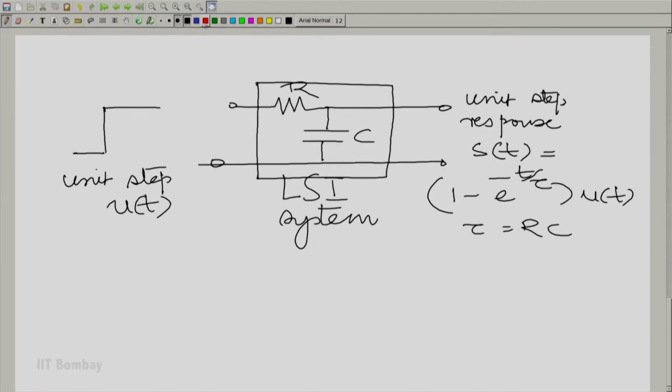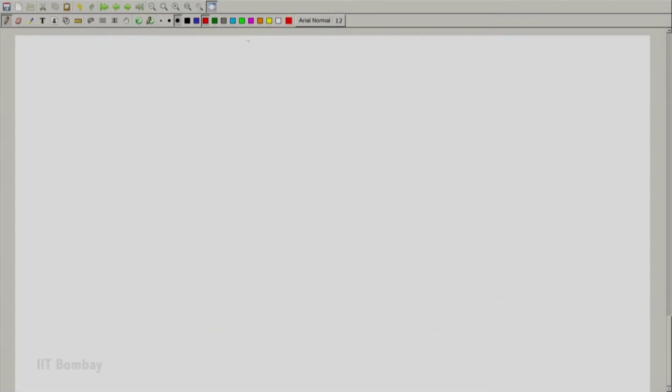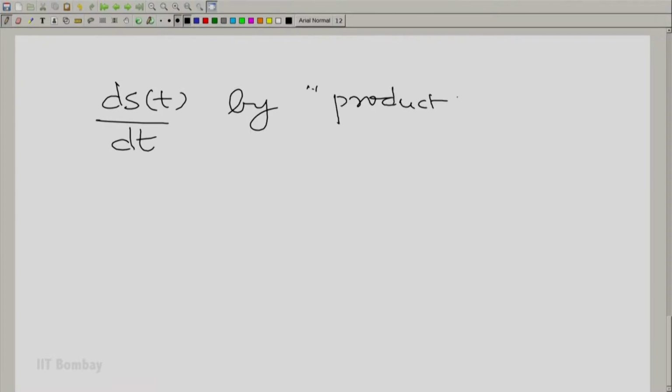Now, applying the derivative principle, take the derivative here and that should give me delta(t), a unit impulse. That should result in also taking a derivative here. And now, let us take the derivative. What is the derivative of s(t)? In fact, ds/dt as it were can be found by the chain rule or the product rule.